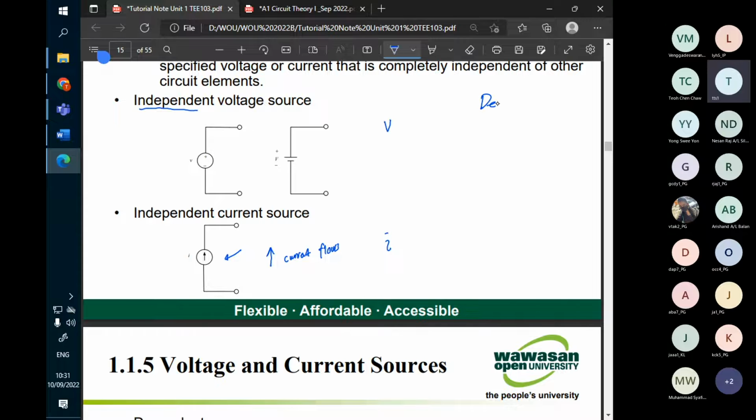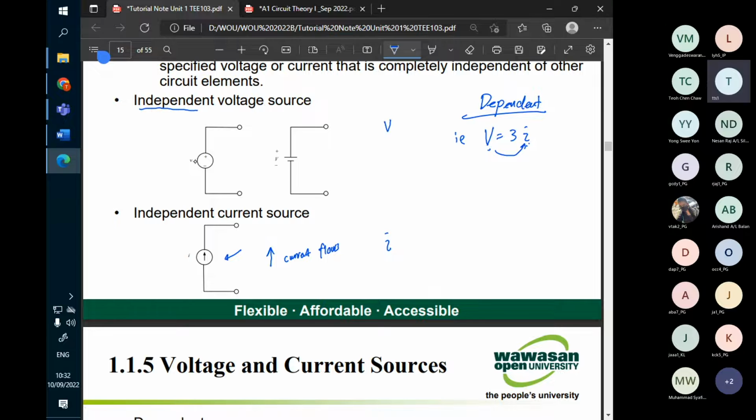If something is dependent, most likely it is in the form of V equal to 3I, for example. Dependent means this voltage depends on this current. You just take the current, multiply by 3, and then you will get the voltage. So this is called dependent, right? The voltage depends on the current, or the voltage is 3 times the current.